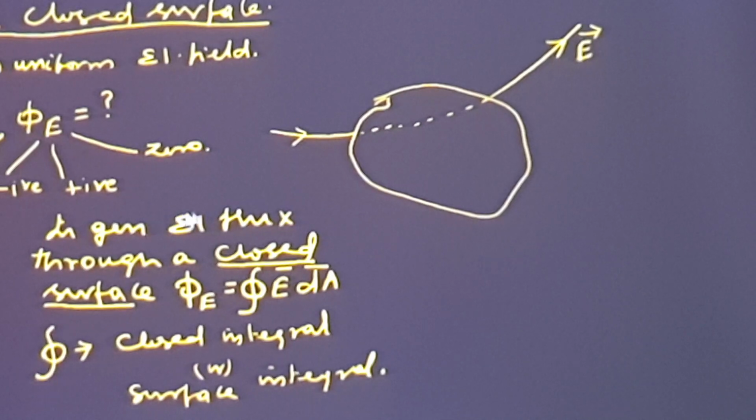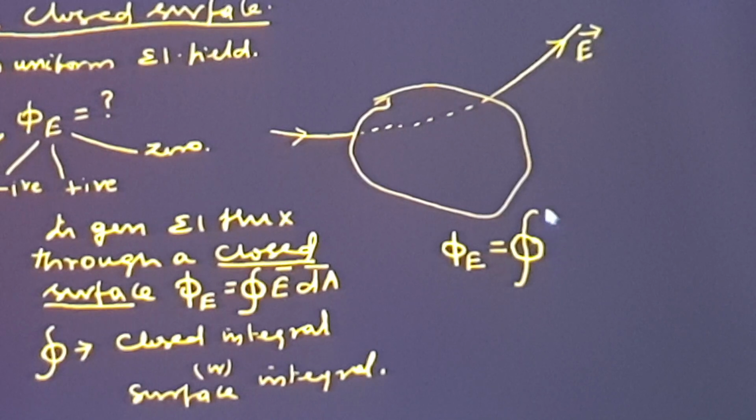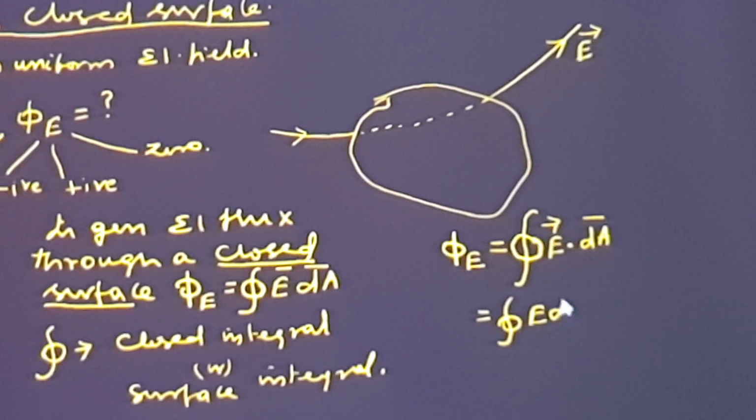When I am considering the general equation for the flux in this closed surface, the flux available is phi of E. While writing, I have to write the closed integral of E vector dot dA vector, or we can say closed integral of E dA cos theta.